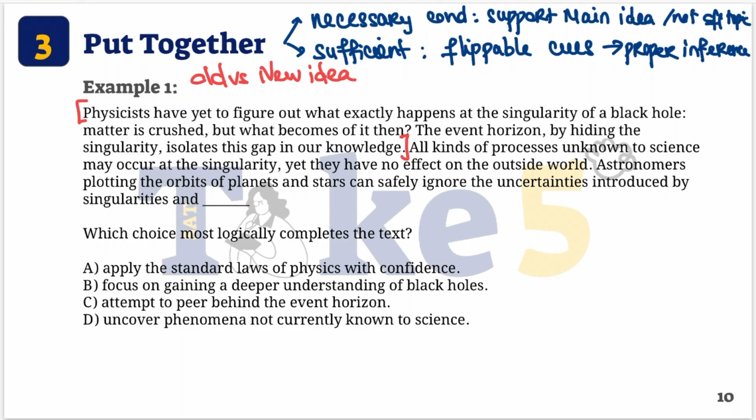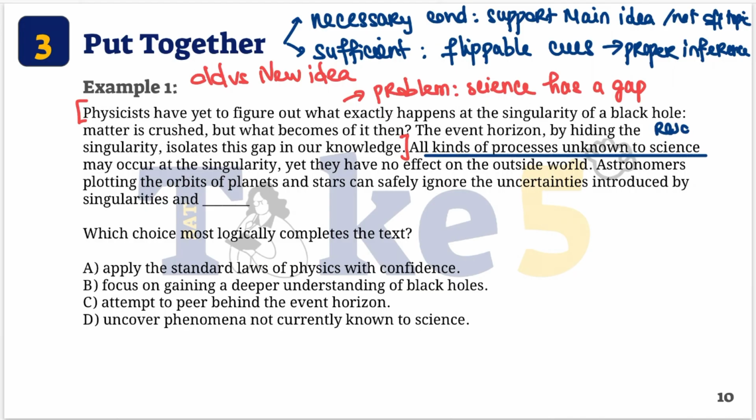Here, the first two sentences tell us that we don't really know anything about singularity. The first two set up the problem, science has a gap. But then, the third sentence appeared like a new idea. It resolves the discrepancy previously introduced by saying that although singularities may involve all sorts of mysterious processes, they have no real-world effect, and thus scientists can ignore them.